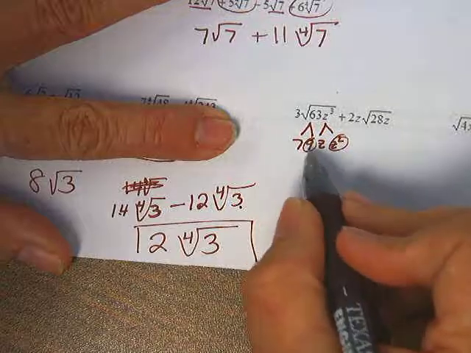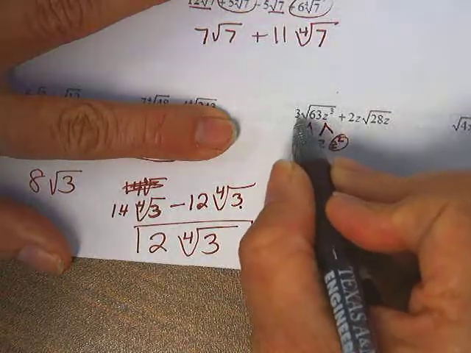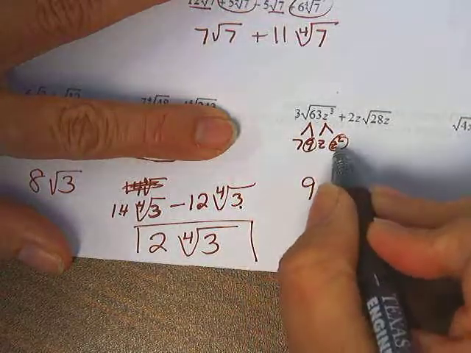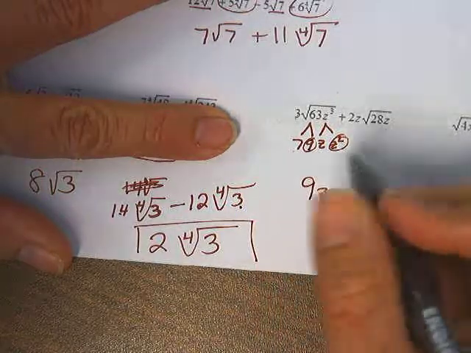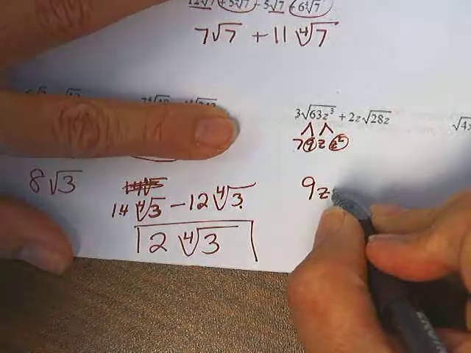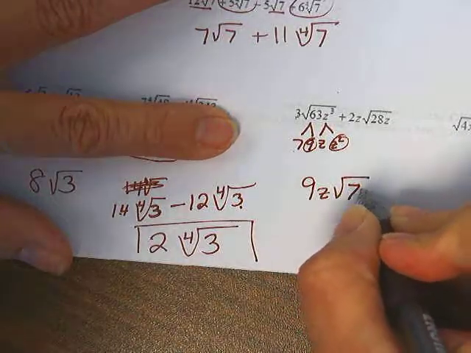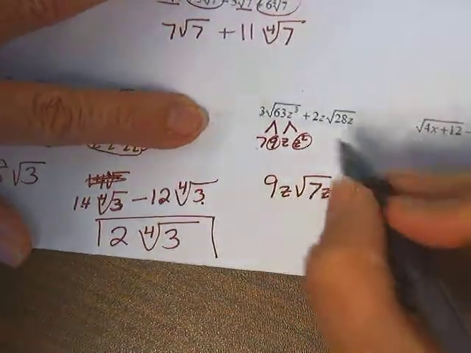squared. So we end up with 3 times 3 is 9, z squared square root is z, and we're left with 7z underneath.